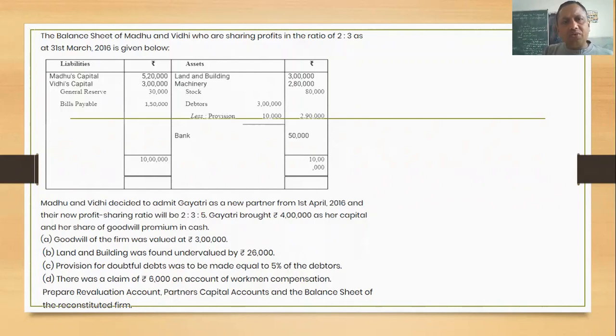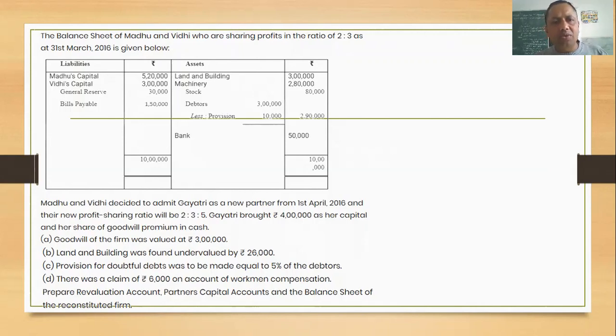So when 5,000 is increased in provision, the asset is decreased. The decrease in the value of the asset is shown at the debit side of the revaluation account.